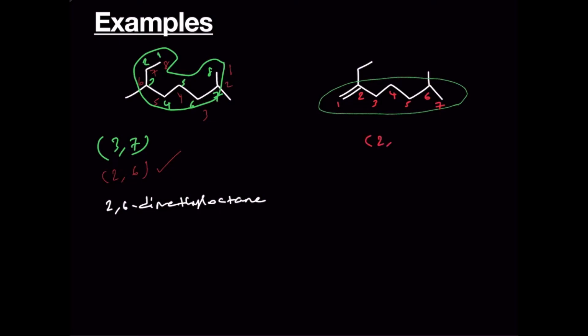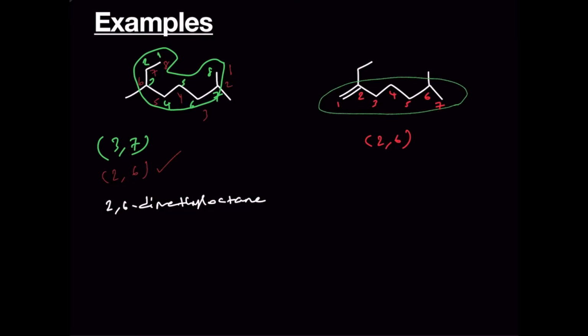Our substituents are at 2 and 6 position. We should not do the numbering the other way around, I mean right to left, because if we do that, then you will be giving a higher number for the alkene. That we should not do. Alkenes should always get the lowest number possible. So our carbon chain should include the alkene. Not only that, we have to give the lowest locant for the alkene compared to substituents.